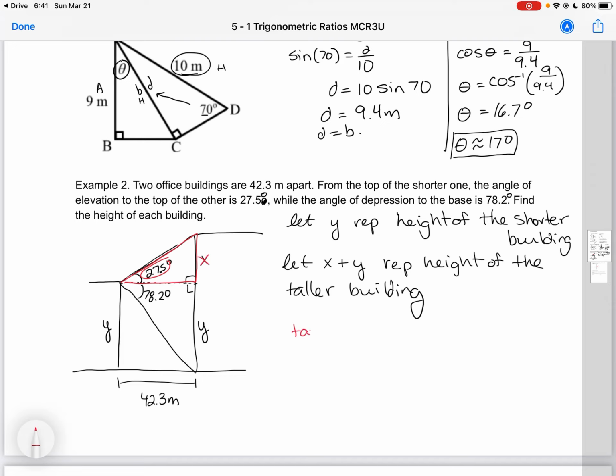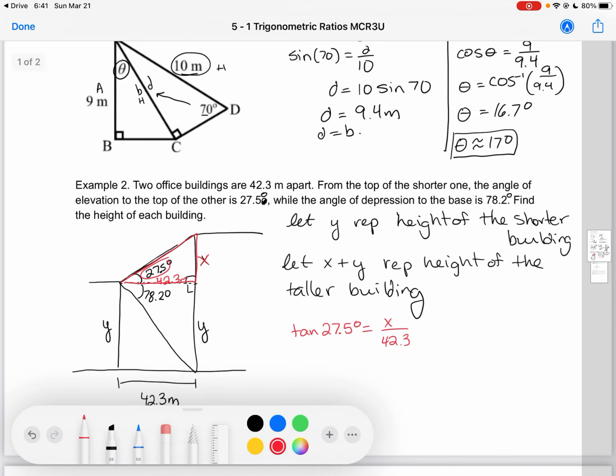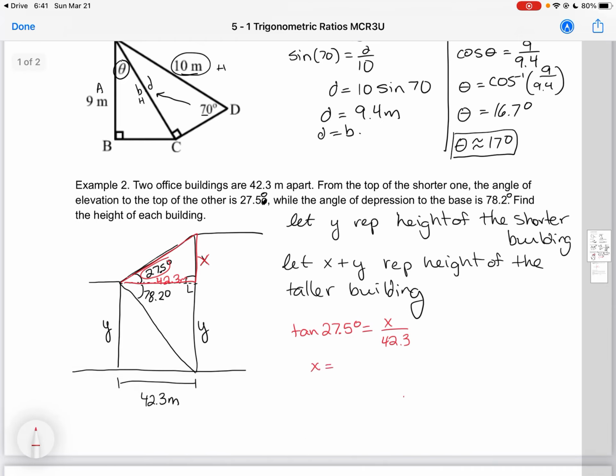So I'm going to say that tan of my angle of elevation, 27.5, is equal to x over 42.3. Because the buildings are the same distance apart, I also know that this adjacent side in this case is 42.3 meters. This is going to allow me to solve for x. It's going to give me about 22 meters.